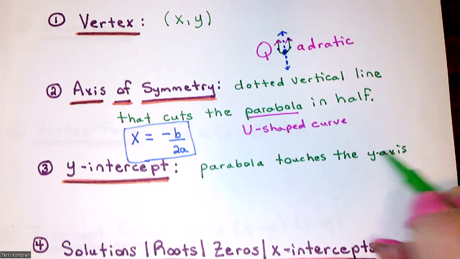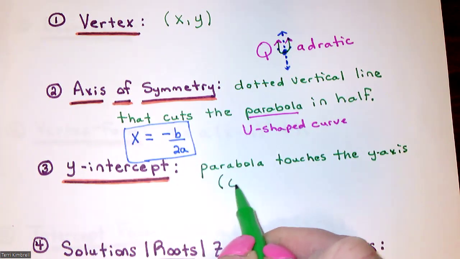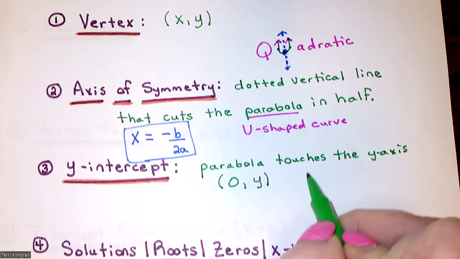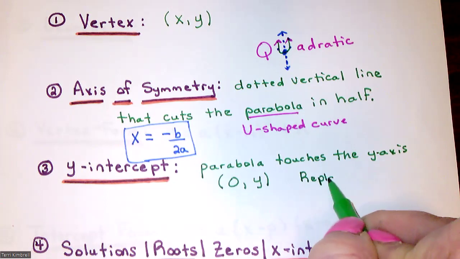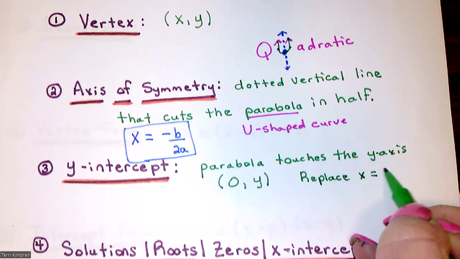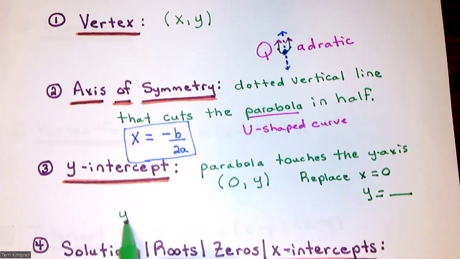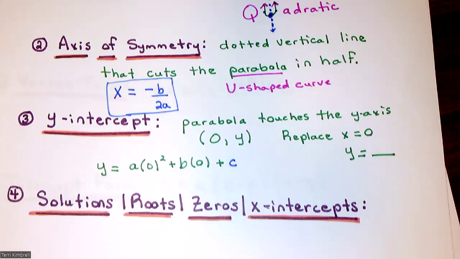Now, if it is in standard form, remember that to find the y-intercept, you're going to replace x with 0, and you're trying to find your y value. So if you think to the standard form, and you put 0 in for your x, this would go away, this would go away, and you would be left with your c.